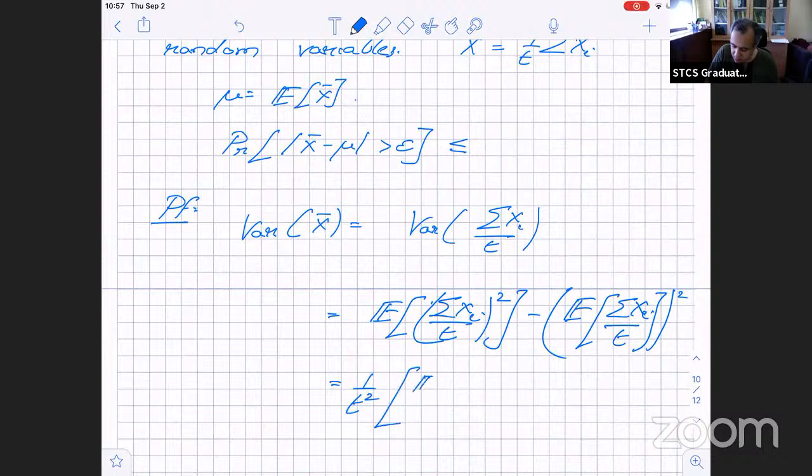This will be the expected value of the summation of xi xj over any pair i, j when I open out the summation, minus 1 over t squared, summation of the expectation of xi, the whole squared.